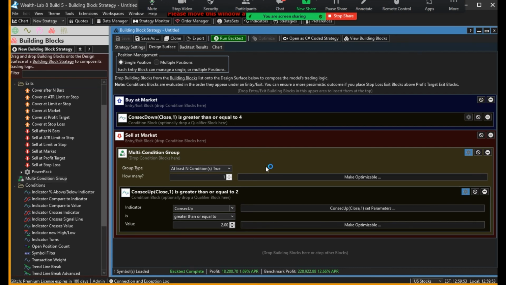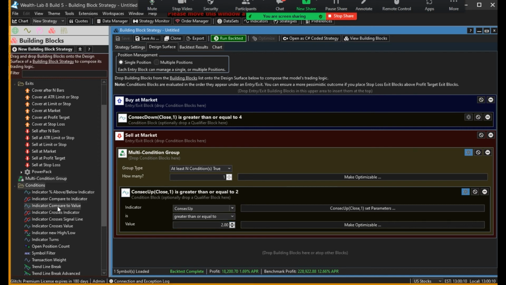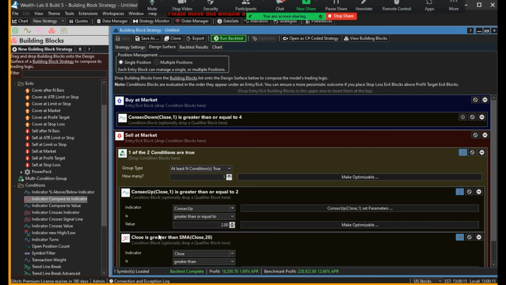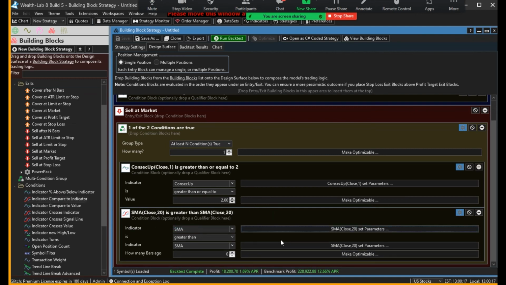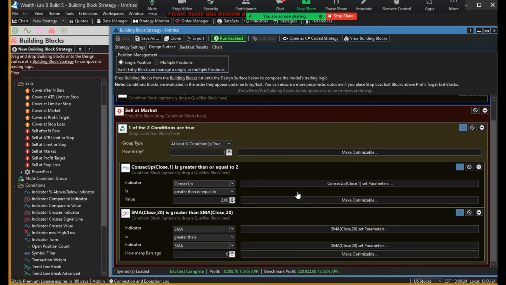So maybe we say we want to exit when the consecutive up is above 2, maybe when indicator compared to indicator, maybe when a short moving average is above a longer moving average, and then maybe another indicator compared to value.